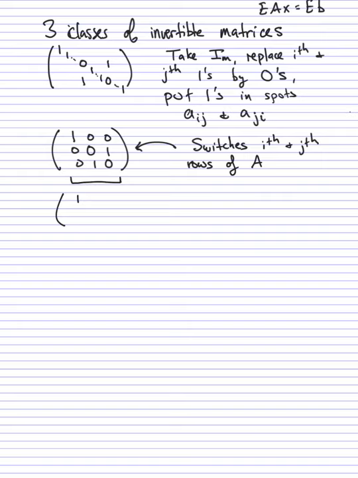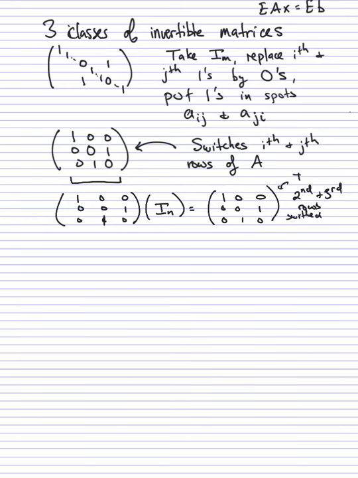Of course, it spits out the same matrix. But this is precisely the identity matrix with the second and third rows switched.